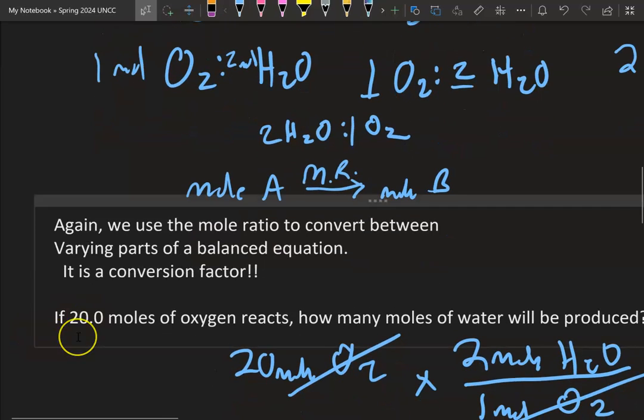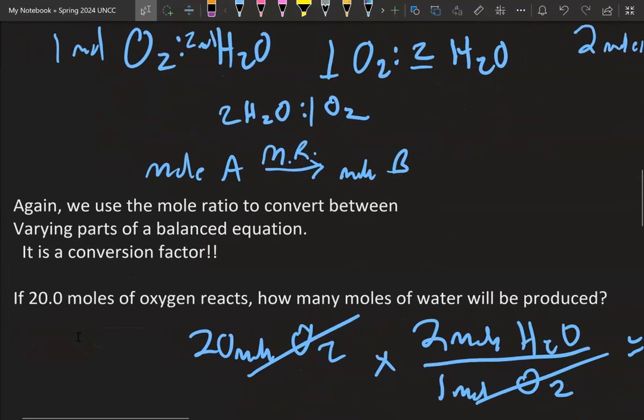Okay, so looking at the first example here, if 20 moles of oxygen gas reacts, how many moles of water will be produced? So in this question, we're utilizing that ratio of oxygen to water. All right, so we know that we have 2 moles of water for every 1 mole of oxygen.